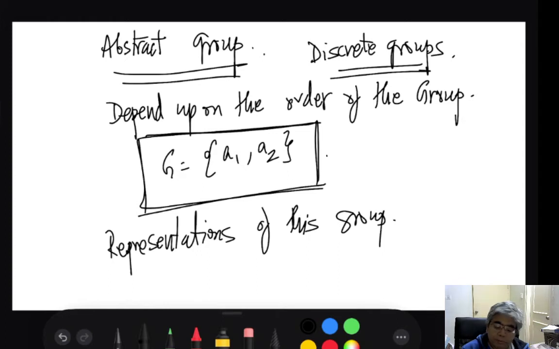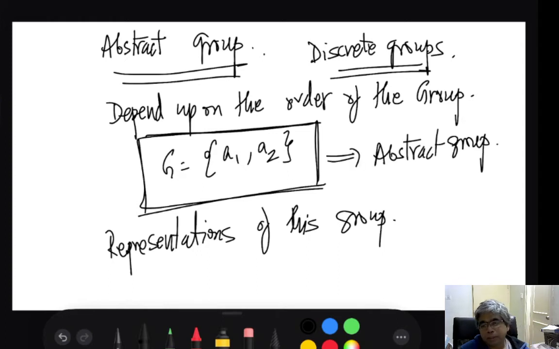I am not saying what these elements are, whether they are numbers or objects. This could be anything actually, flowers, any objects you want essentially. We don't specify what these are. These are just some abstract objects.